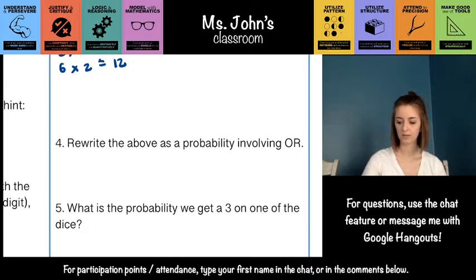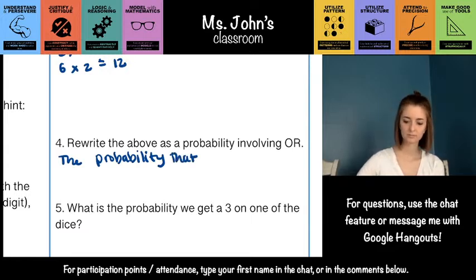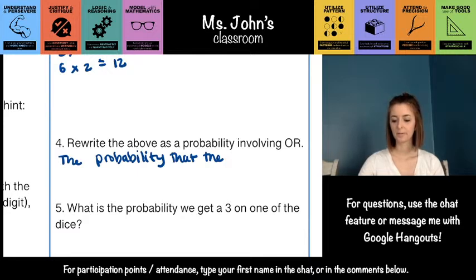Let's write it in words. How about the probability that a 6-sided dice, the shorthand for that is like a D and a 6. So don't get confused by that. That's just a 6-sided die. I don't want to write out 6-sided die.